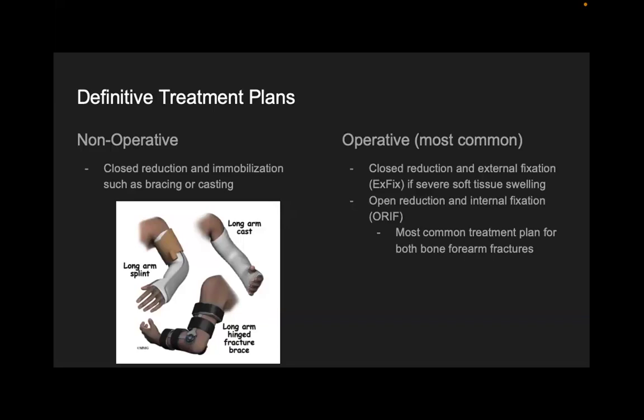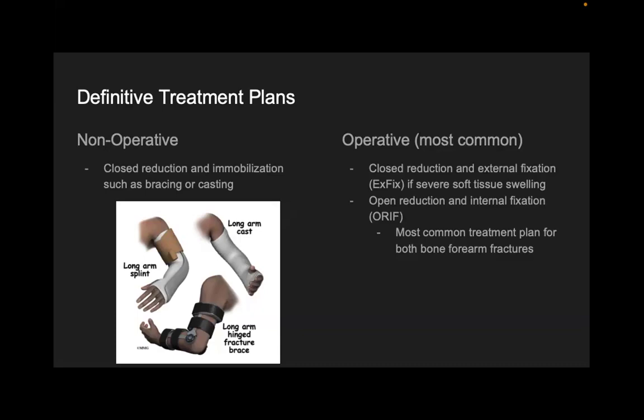There's closed reduction with X-fix. If you guys have ever seen those circle structures, or pins sticking out of someone's arm with a rod stabilizing it, that's called external fixation, because you're applying it from the outside without opening them. And that usually we do, let's say, if there's an adult with a really bad injury and they come in with severe swelling in the forearm.